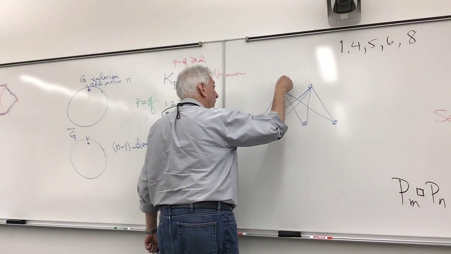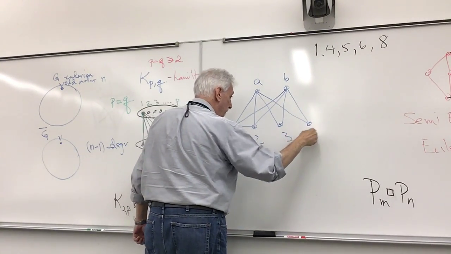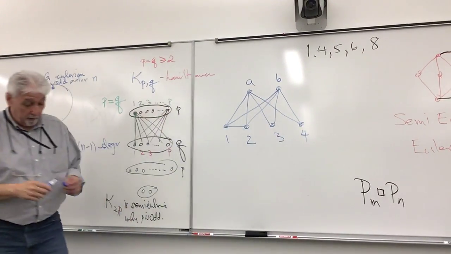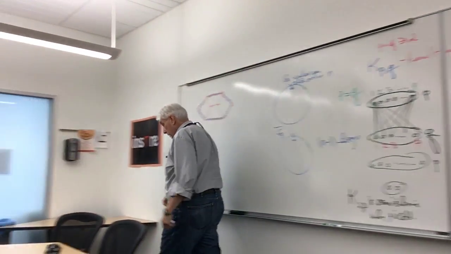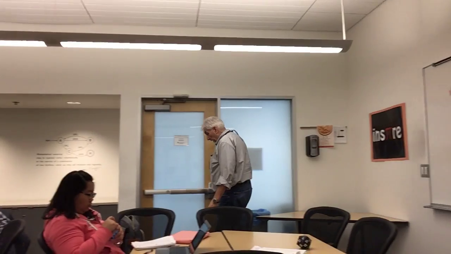So maybe I'll label them for you. Not for any reason. I'll label it A and B and 1, 2, 3, 4. 6 vertices. There's got to be a 6-cycle there.